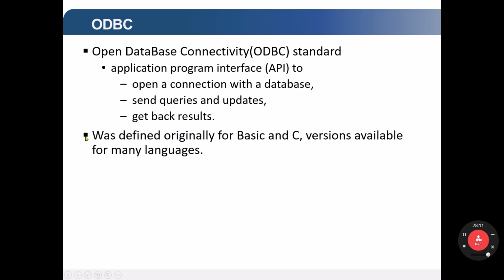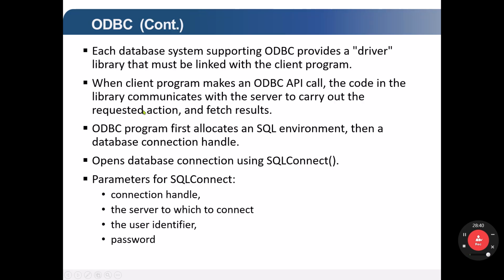So we are not going to cover ODBC in our lecture. Python is not a popular programming language for database applications. C and C++ suffer from pointer issues and memory management issues, so they are also not popular. Only Java and Java variants like Kotlin are commonly used to develop database applications.